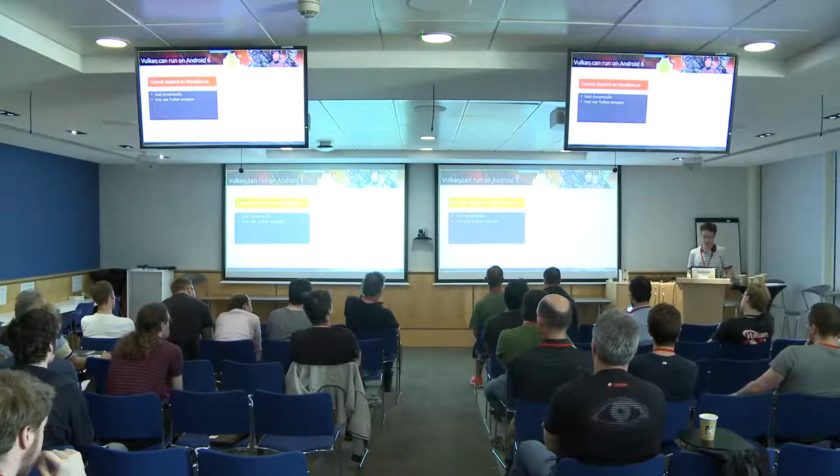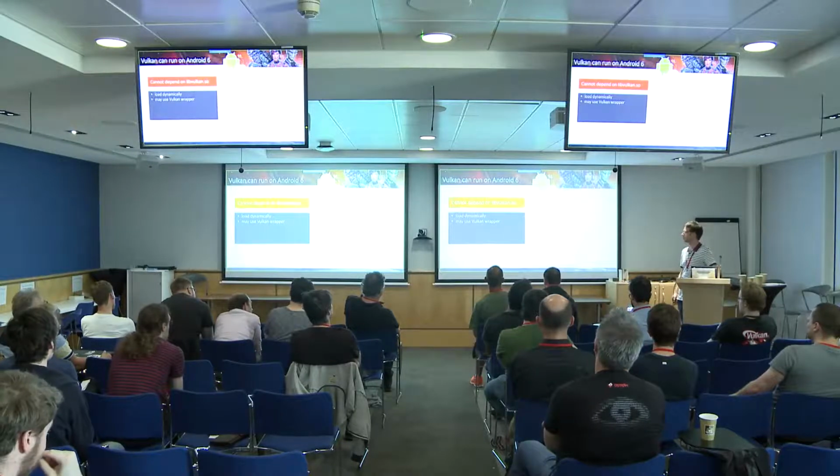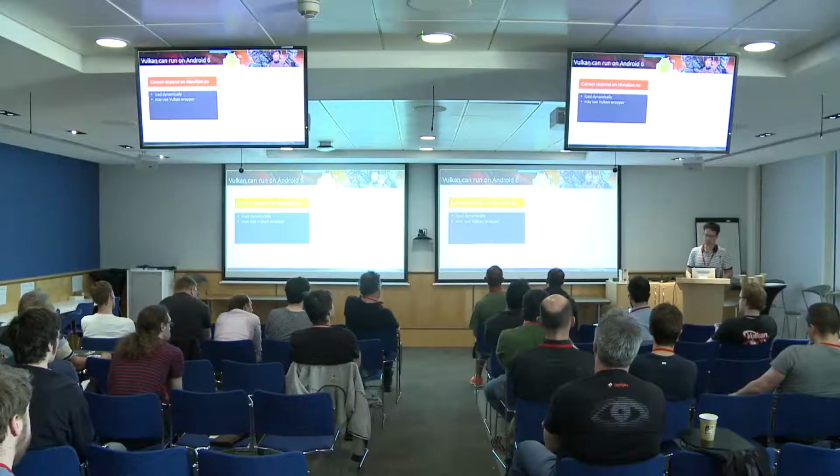But you cannot really depend on the header or the library being there, so you have to load the Vulkan SO dynamically at runtime. And for that, we are using a Vulkan wrapper that's actually part of the Google samples, and this does all the typing-intensive stuff for us, like loading the library and getting all of the function pointers out of it. And that way, we can also support Vulkan on the Android 6 devices.